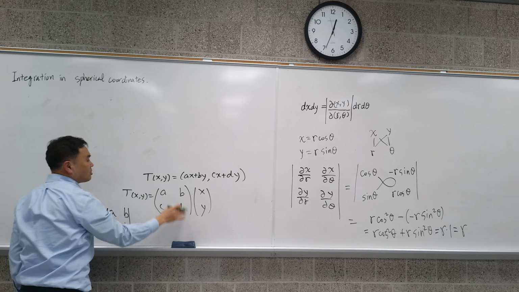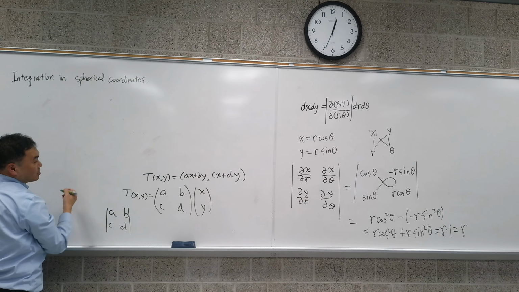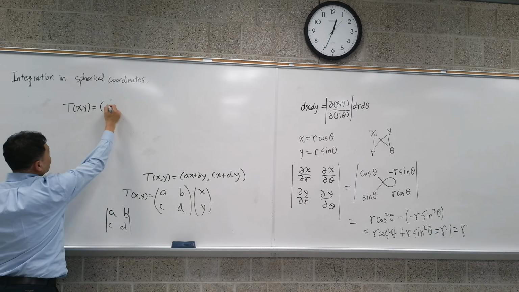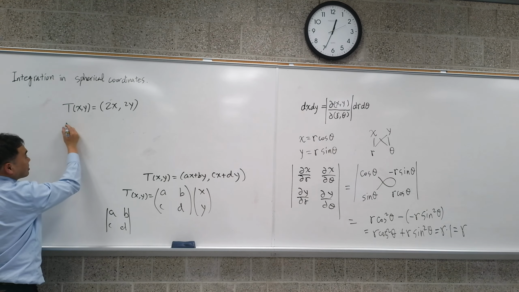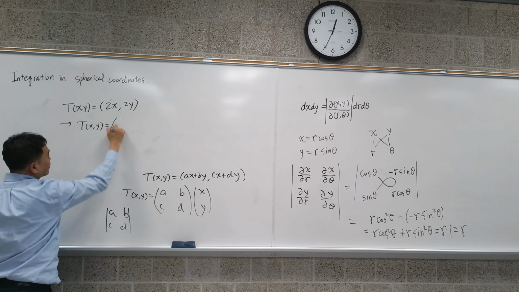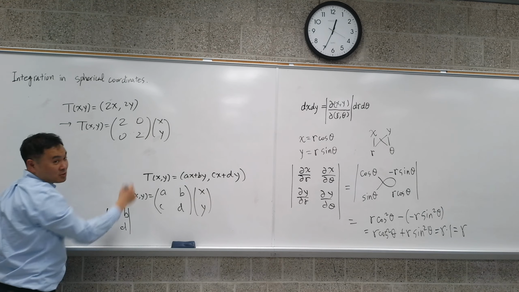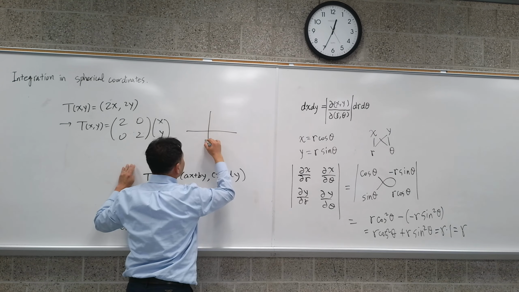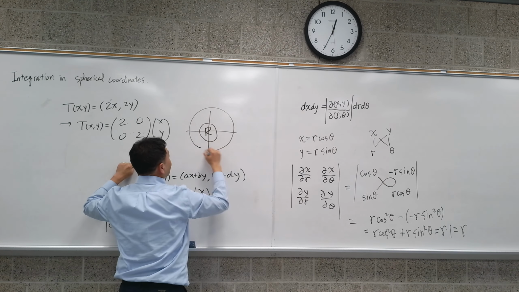such a thing is called a linear transformation, and what happens is that, let's say you have T of x, y equals 2x, 2y. In matrix form, that's 2, 0, 0, 2 times x, y, right? But what does this do? It takes a small shape, any region R, you apply T to it, then it just becomes bigger.